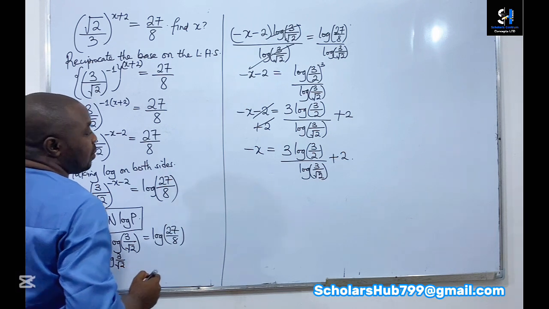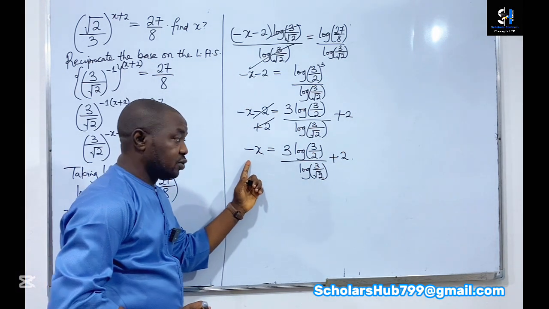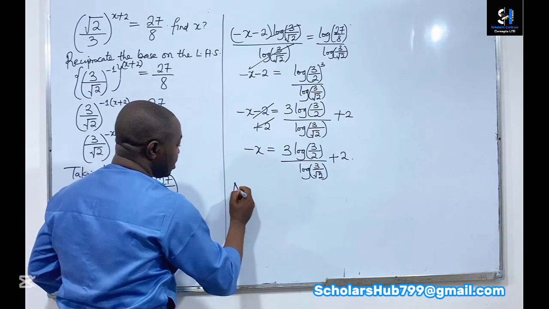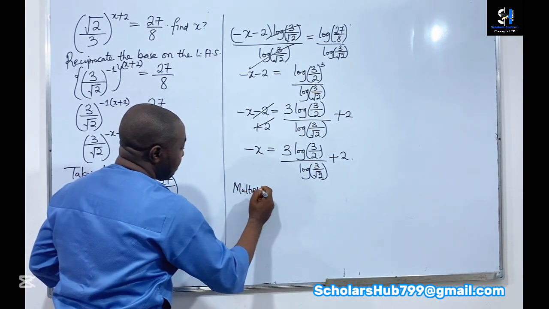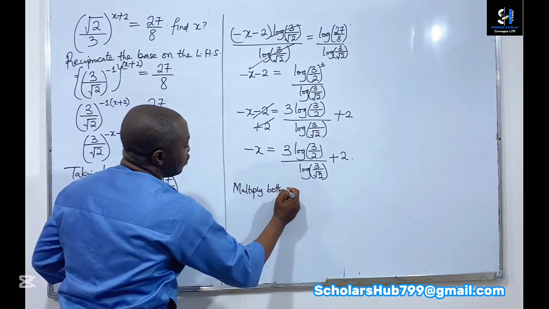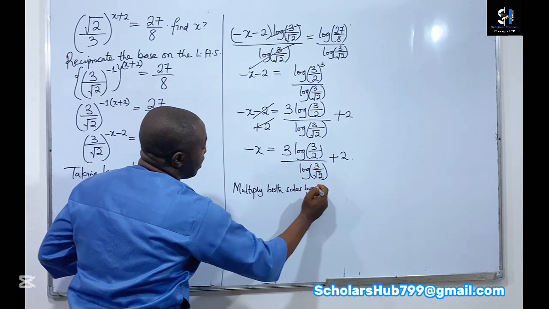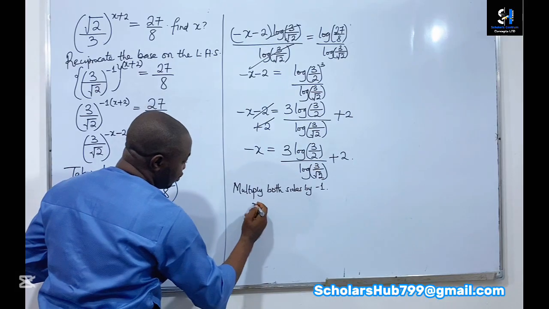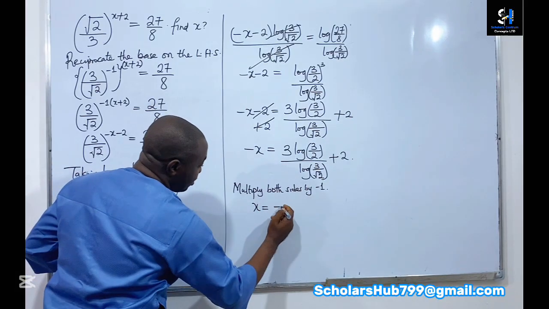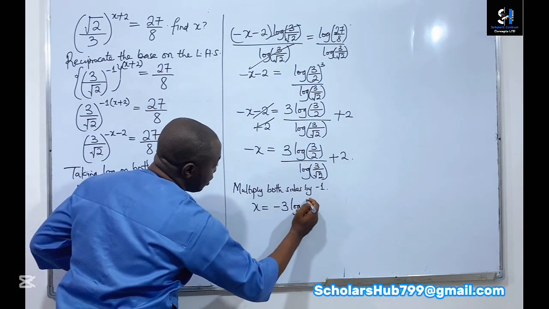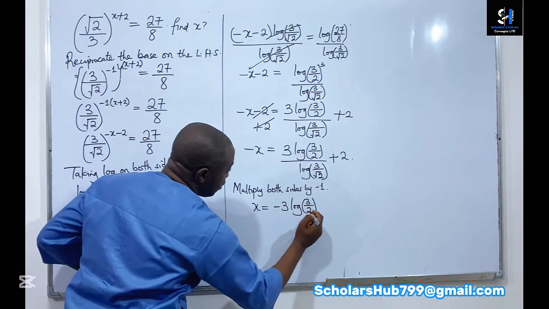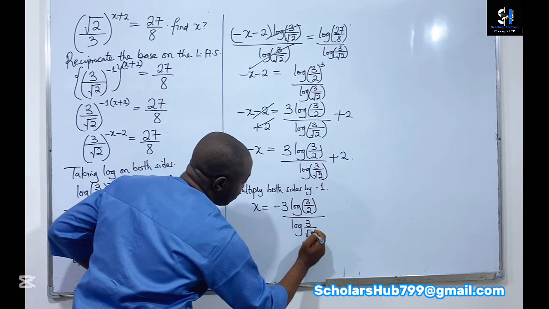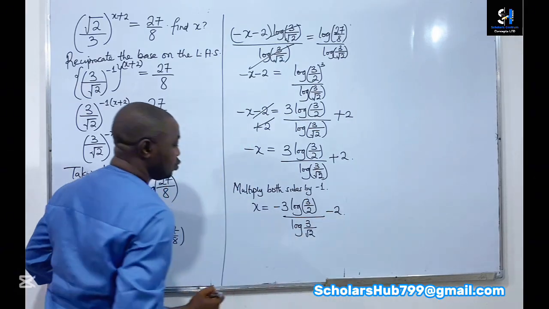To get rid of the minus, we multiply both sides by minus 1. Multiplying minus x by minus 1 gives x, and the right side becomes negative 3 log(3/2) divided by log(3/√2), minus 2.